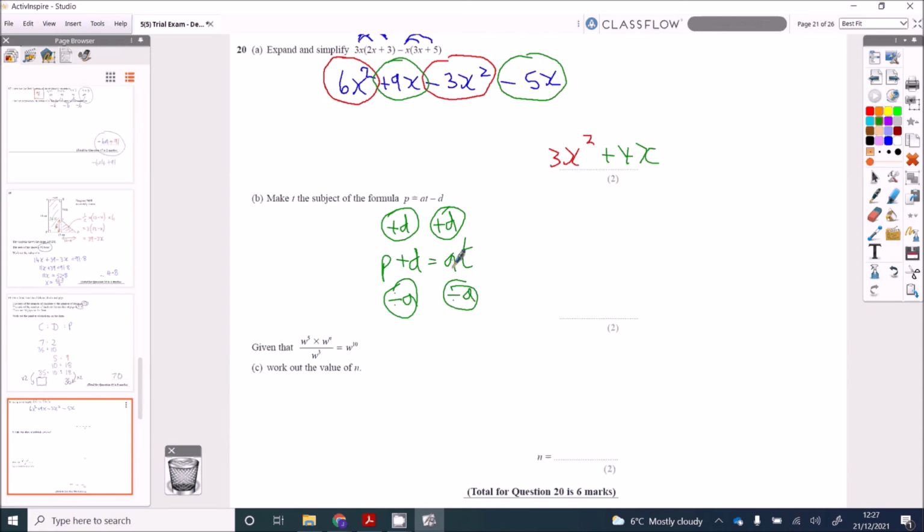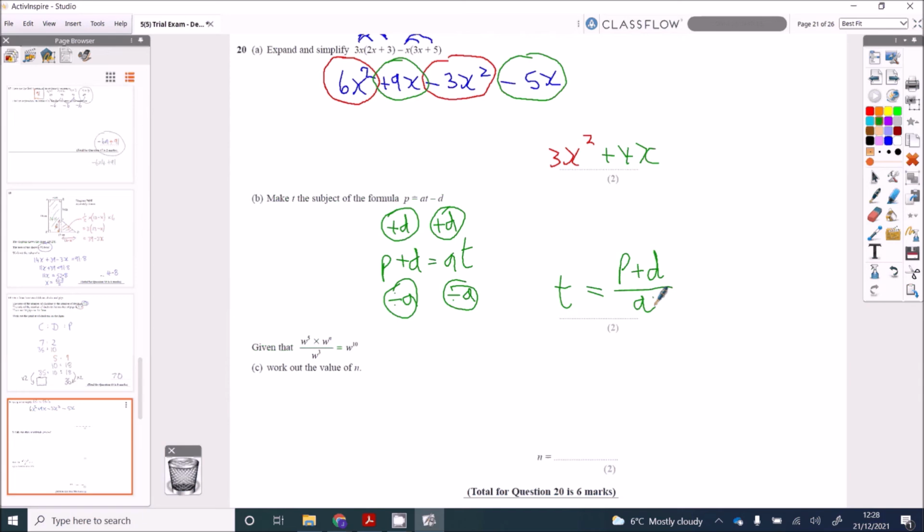So on the right-hand side, that will undo the a, so we're just left with t on its own. Now on the left-hand side, we've got p plus d being divided by a. Now to make it clear that it's the whole of that expression being divided by a. It's not just p, it's not just d, it's both of them. Make it a fraction. Do it as p plus d all over a.